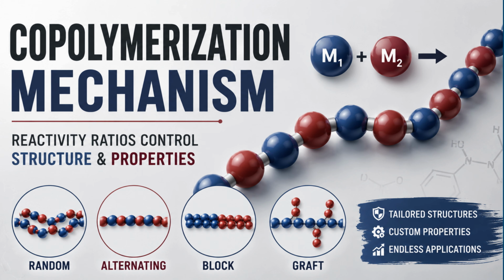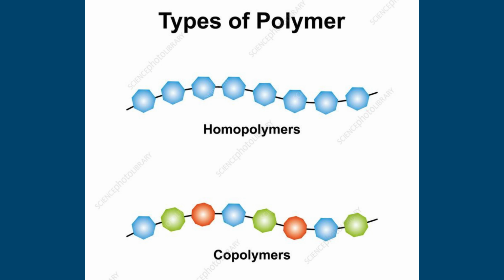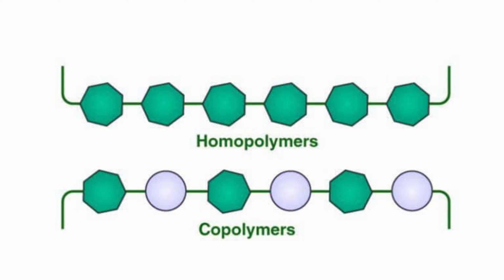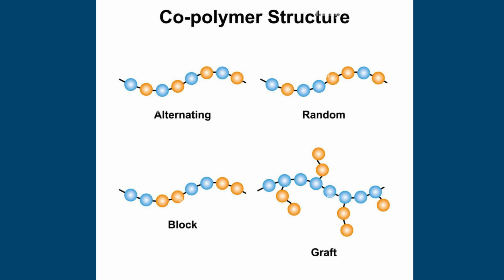Copolymerization is one of the most powerful strategies in polymer chemistry for tailoring the physical, chemical, and mechanical properties of macromolecules. Unlike homopolymers, which consist of a single repeating monomer, copolymers incorporate two or more chemically distinct monomers into the same polymer chain, enabling simultaneous optimization of properties such as stiffness, toughness, thermal stability, chemical resistance, permeability, biodegradability, and processability.